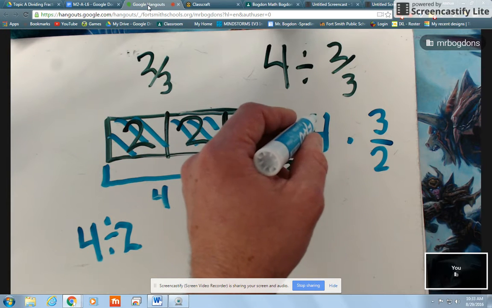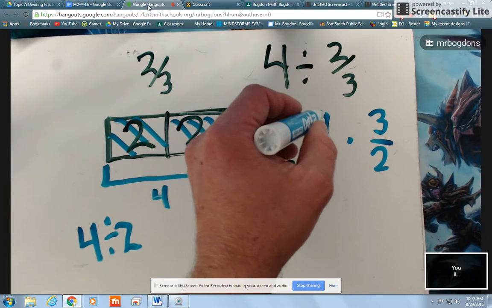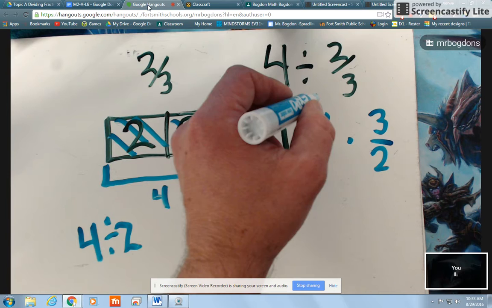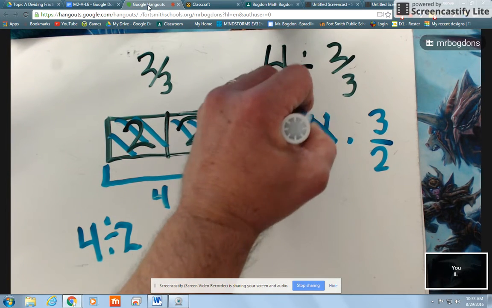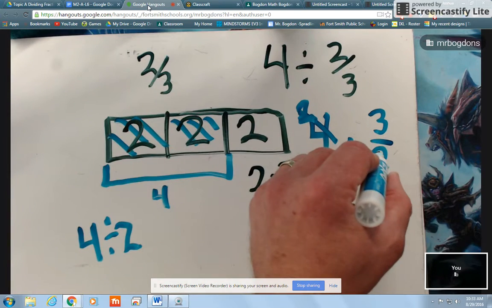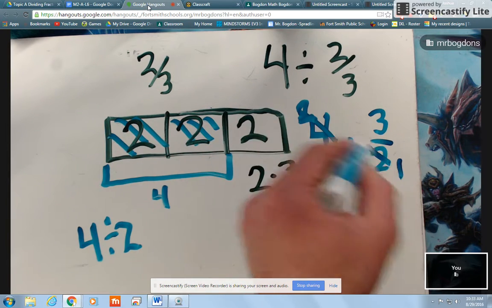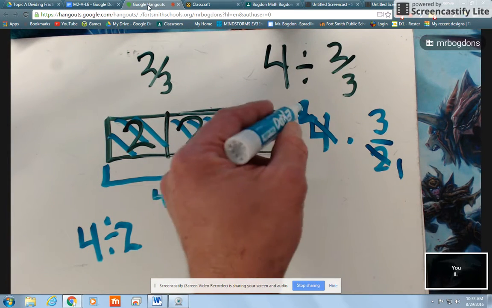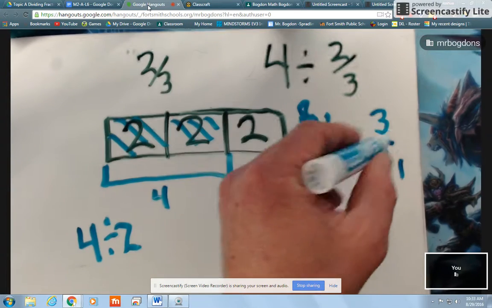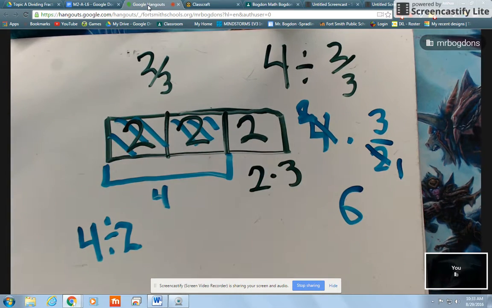Yeah, 4 simplifies to 2, and then this 2. Yeah, because 4 divided by 2 is 2. 2 divided by 2 is 1. Now it's multiply 2 times 3. That's my answer. Fantastic.